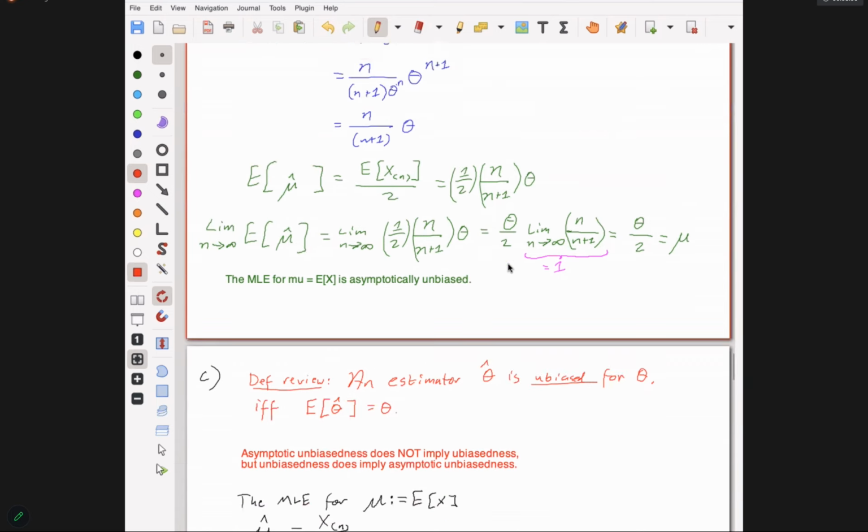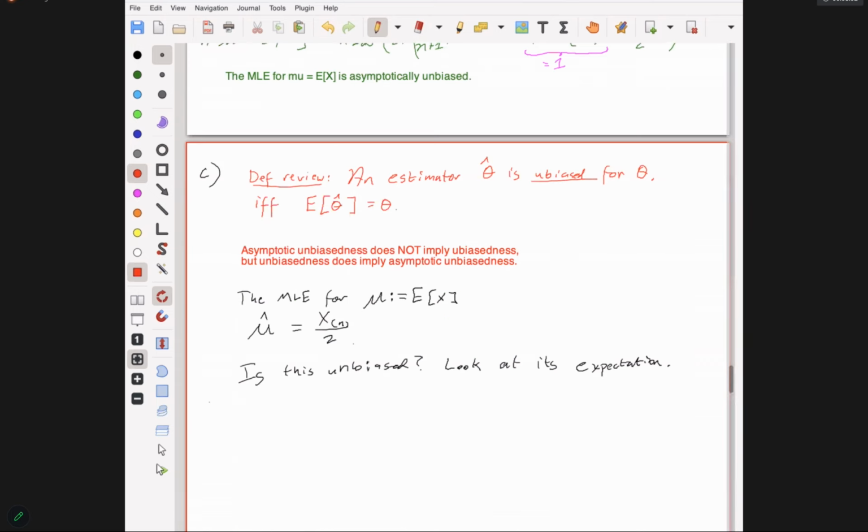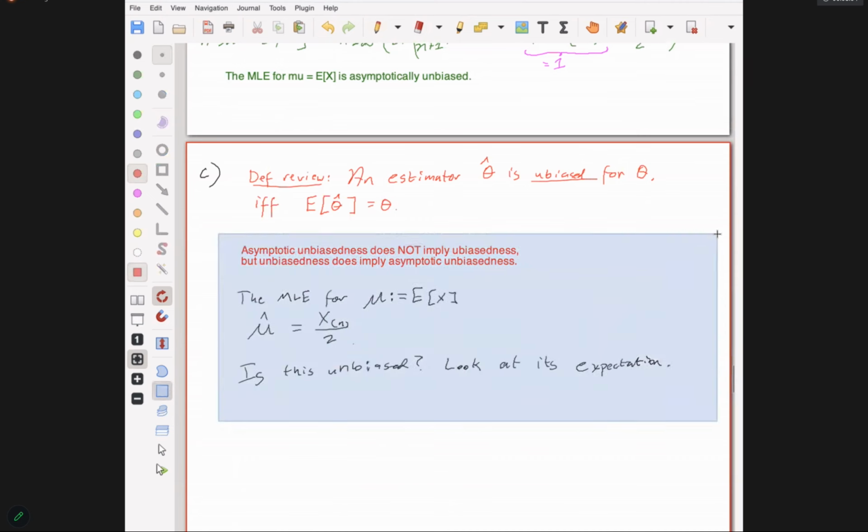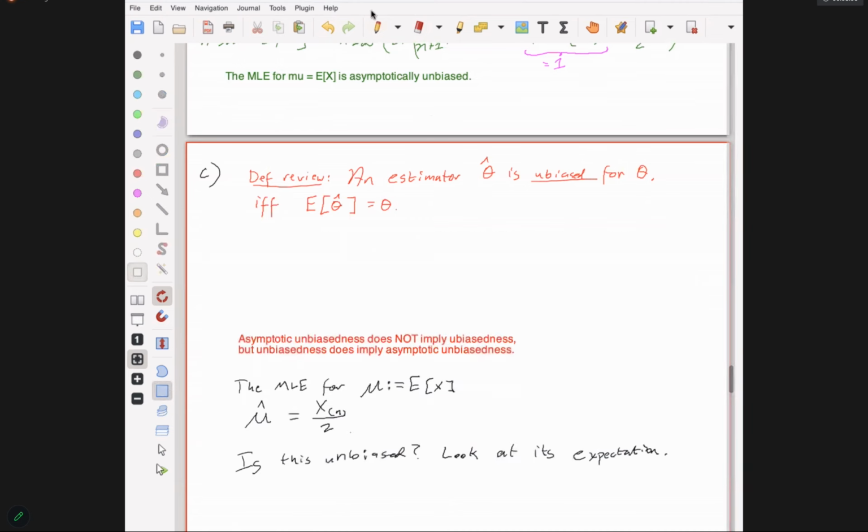And similarly, since we're talking about asymptotic unbiasedness, I might as well put that here as well.